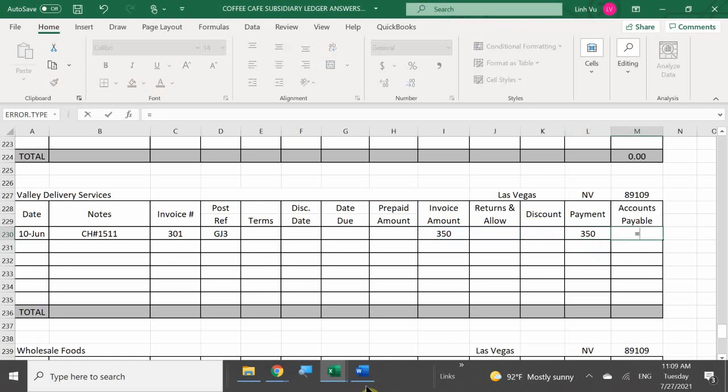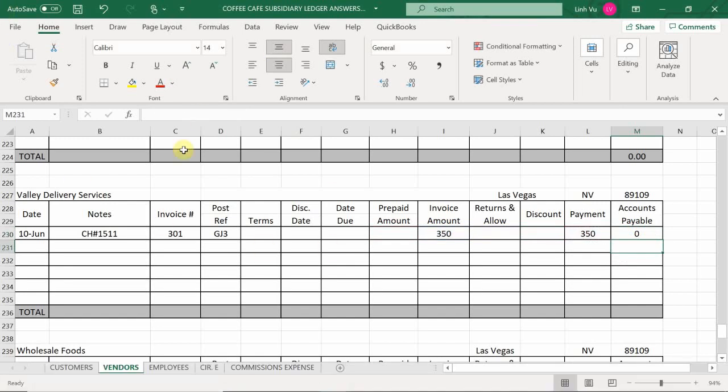So it's going to be invoice minus prepaid minus returns minus discounts minus payments, which should give us a zero balance because I paid them off with a check in the full amount for the $350 delivery. So I don't owe them any money, but if they deliver anything else to me, I may have to call them to deliver back the items that I want to return.